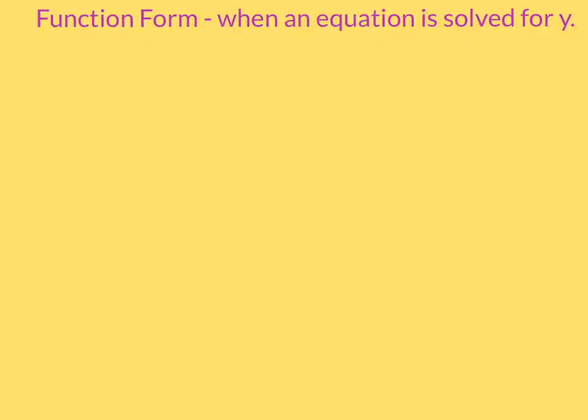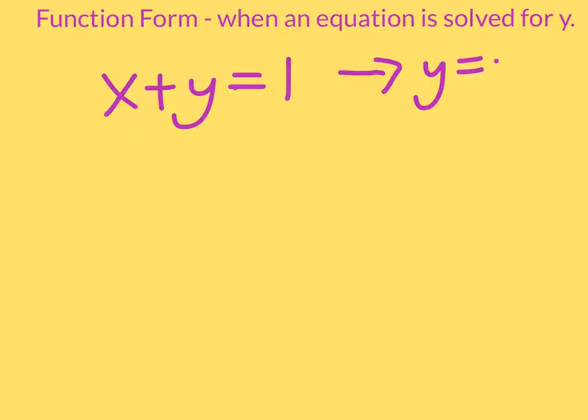So this right here is not in function form because it's not solved for y. Y is not isolated. This equation in function form, where you would subtract x to isolate y, would look like this. This one is in function form.